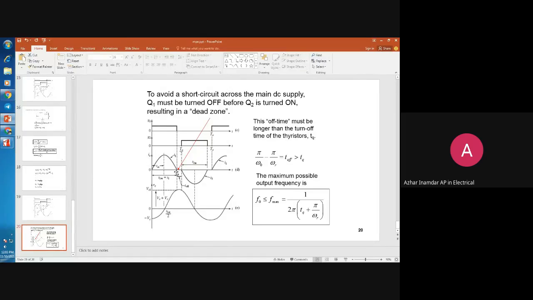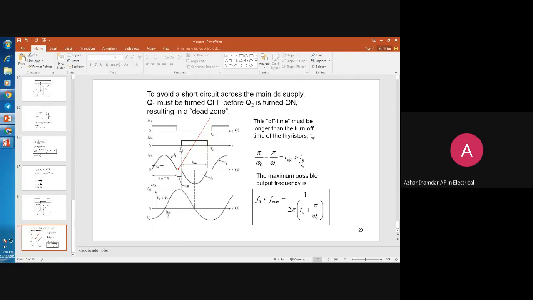Otherwise a short circuit will occur, and this is known as the dead zone, and this must be greater than the turn off time of the transistor. You can see here, this off time must be longer than the turn off time of the thyristor, tq.